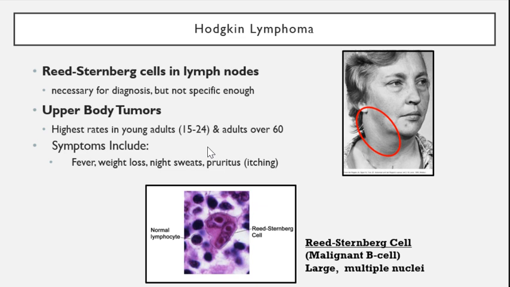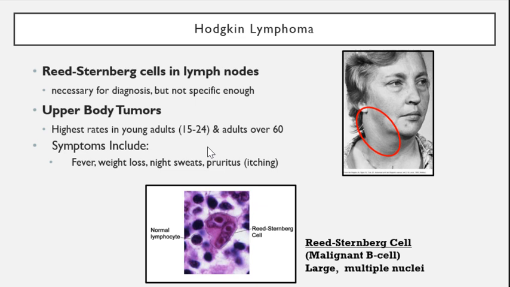Now, clinically, you'll see a whole bunch of upper body tumors. By upper body, we just mean above the waist mostly. But you can see here, this is a tumor at the neck. Right? There's a whole bunch of lymph nodes in your neck. That's what doctors probe whenever you go in if you have a viral infection. There's a lot of viruses that cause inflamed lymph nodes in your neck.